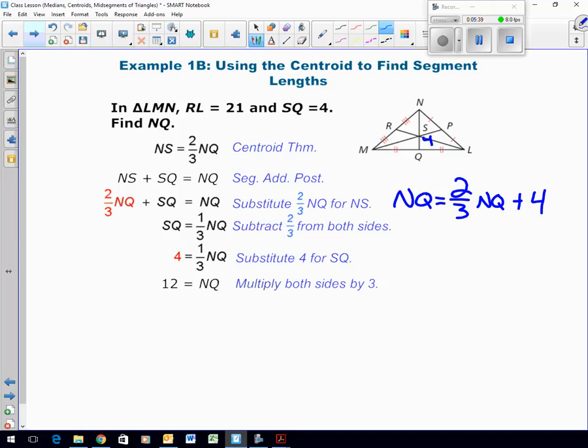It's kind of strange how this sets up algebraically. Notice that NQ is my common variable here. I subtract 2/3 NQ on both sides. This is where it gets weird. If I'm talking in whole form, and my denominator is 3, how much would a whole be?